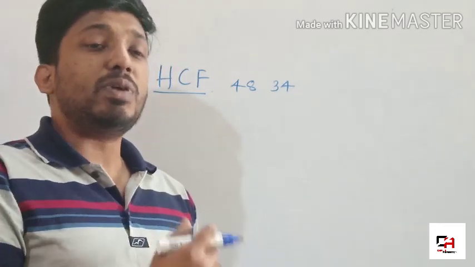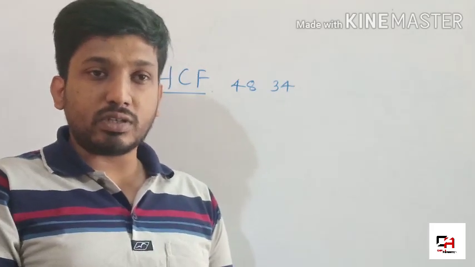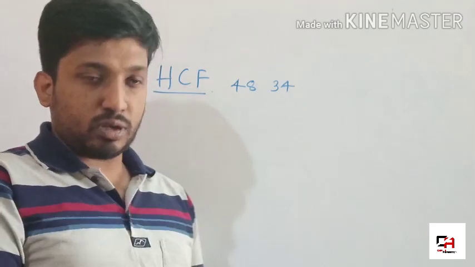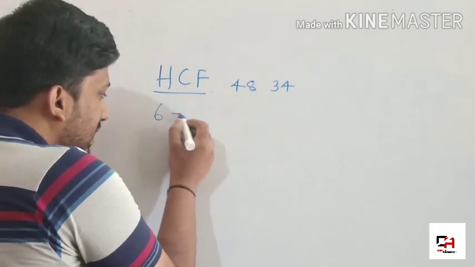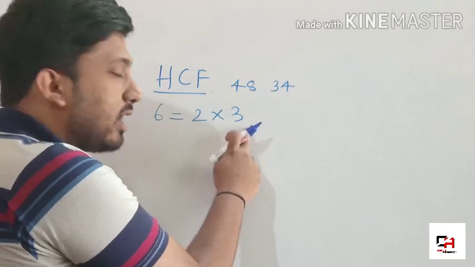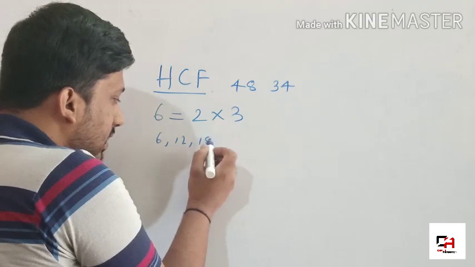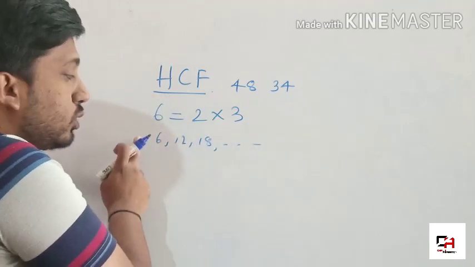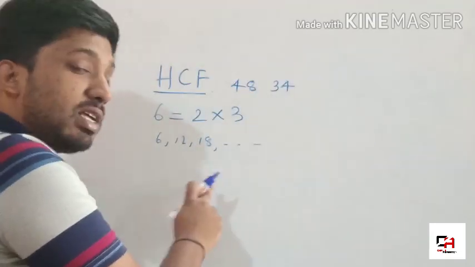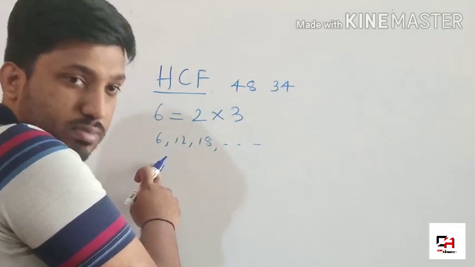Before that, let me come to what factors are. Factors are the numbers which, when multiplied, give a particular number. For example, 6 can be written as 2 into 3, isn't it? 2 and 3 are the factors of 6, whereas 6, 12, 18 are the multiples of 6. The multiples are nothing but the repetitive addition of a particular number.